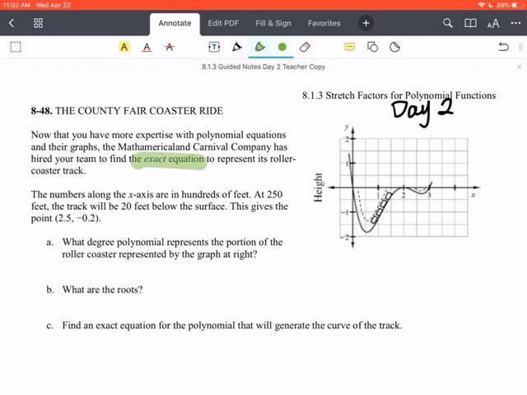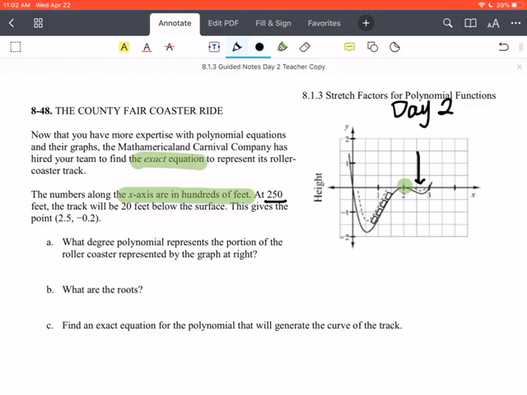Okay, now if we look at our roller coaster, it says the numbers along the x-axis are in hundreds of feet. So we see that at this point right here, at x equals 2, that really represents 200, for instance. Okay, but we are zeroing in at 250 feet. So where's that going to be? That is going to be in between the 2 and the 3.